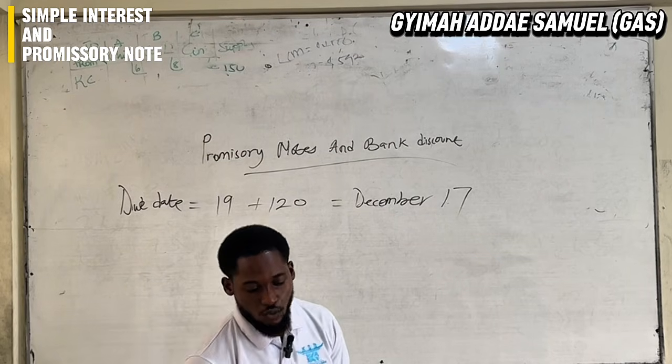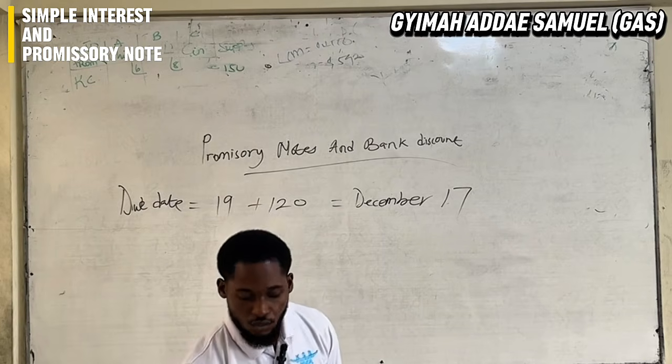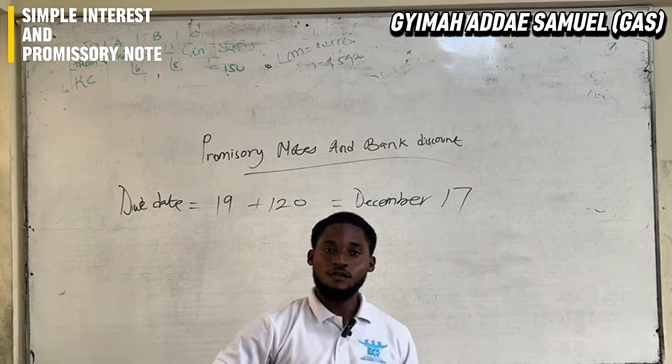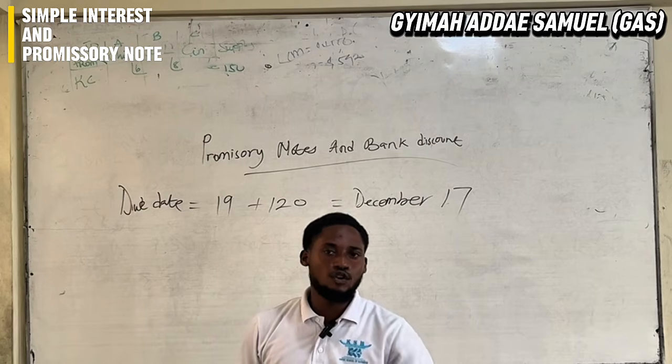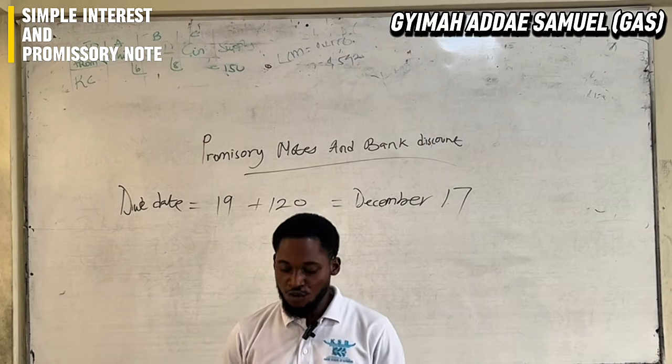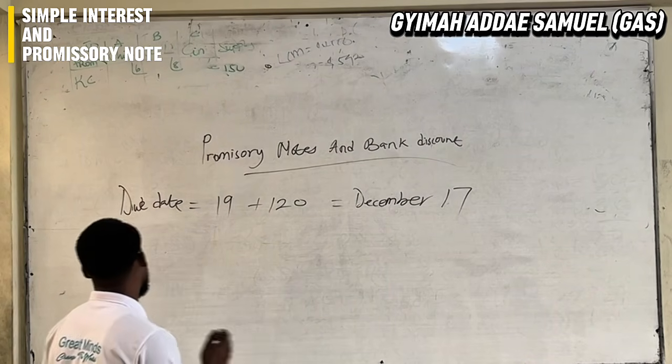So now it says compute the due date and the maturity value of the promissory note. So we would have to go ahead to find our maturity value. And you can't find your maturity value without your interest. So first of all, we would have to compute our interest.